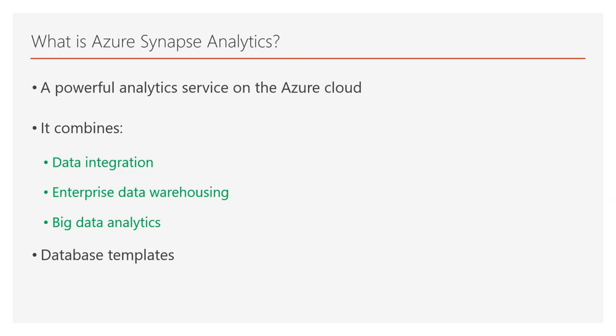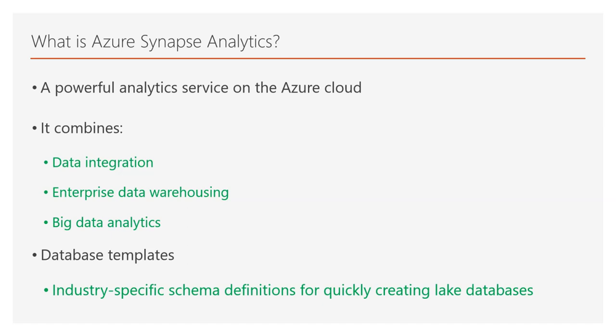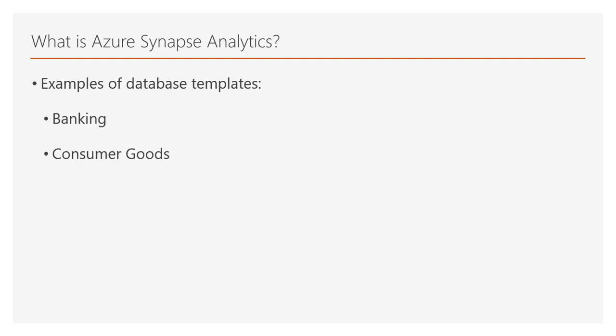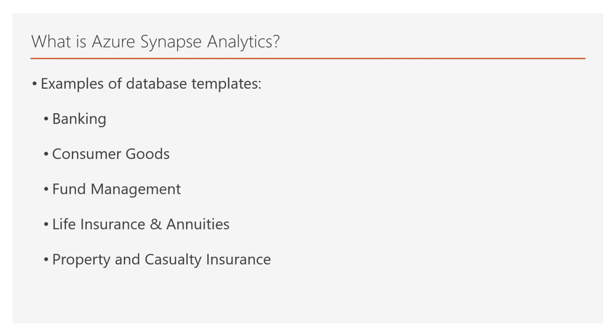These templates are industry-specific schema definitions for quickly creating lake databases. Some examples of database templates currently available in Azure Synapse Analytics are banking, consumer goods, fund management, life insurance and annuities, property and casualty insurance, as well as retail.